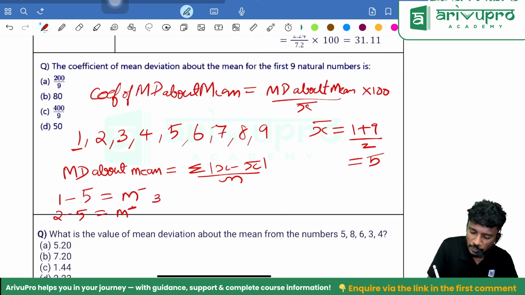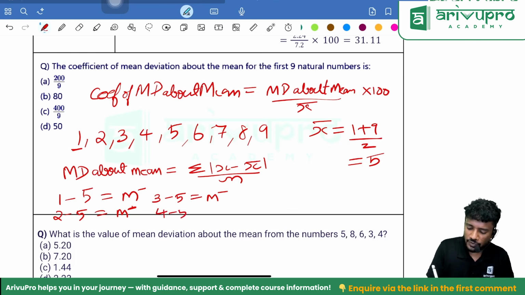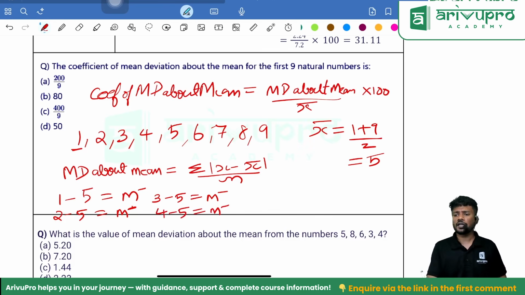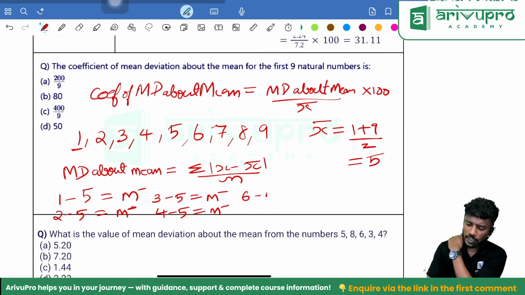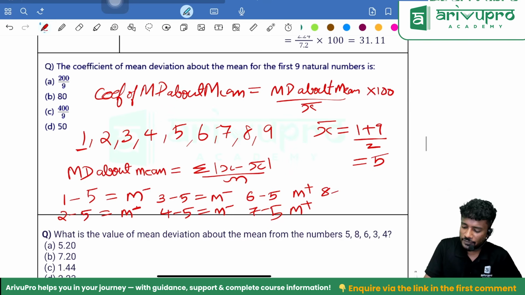Then 3 minus 5, M minus, because it is negative. Then 4 minus 5, negative, M minus. Then 5 minus 5 is 0. Then 6 minus 5 is positive, so you will click M plus. Then 7 minus 5 is positive, M plus. 8 minus 5, positive, M plus. Finally 9 minus 5, positive, M plus.